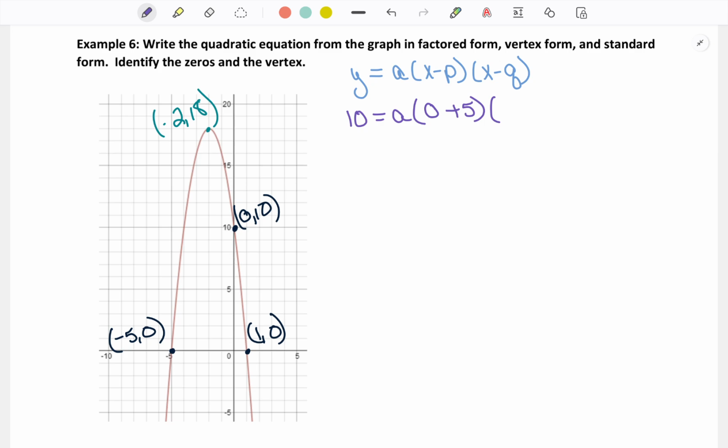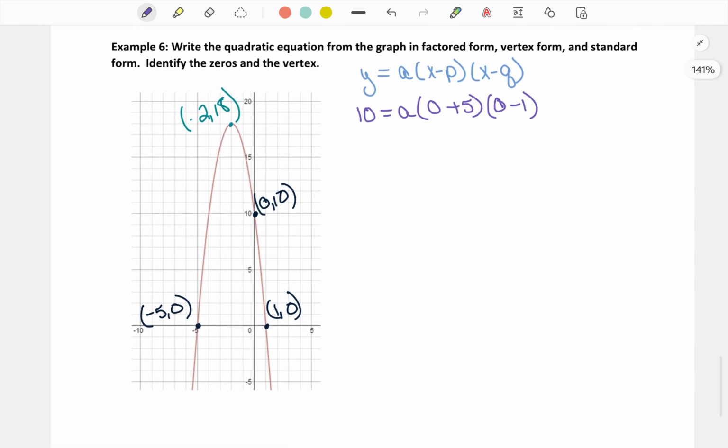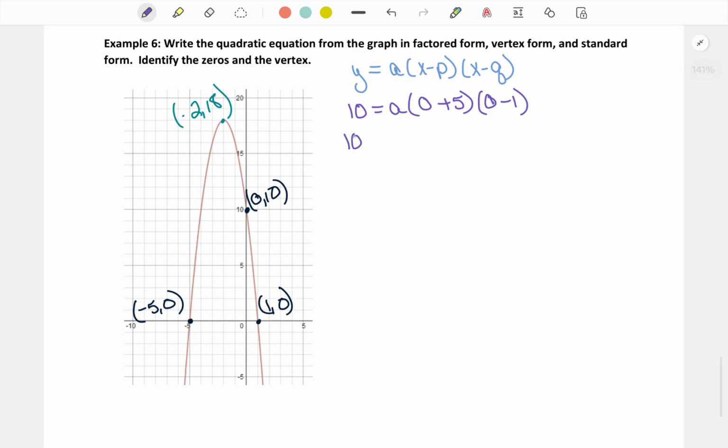And then I have 0 minus 1. So that gives me 10 equals a times 5 times negative 1. So 10 equals negative 5a actually. Divide by negative 5. And we get negative 2 for a.